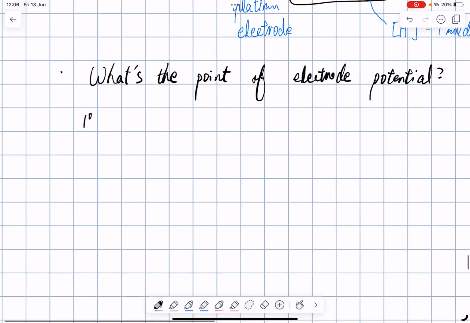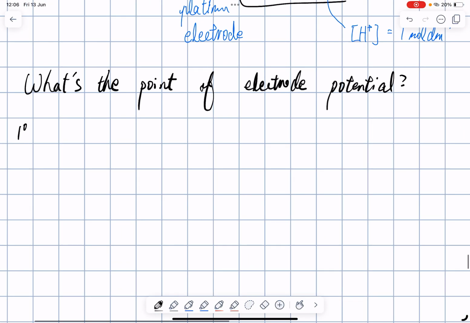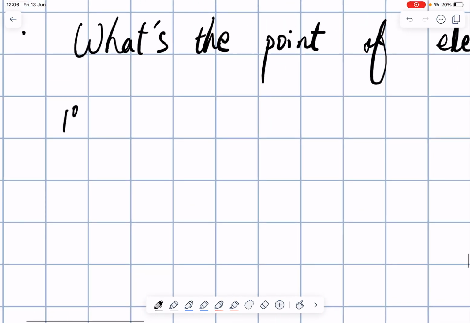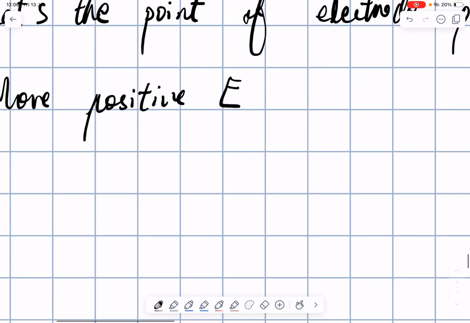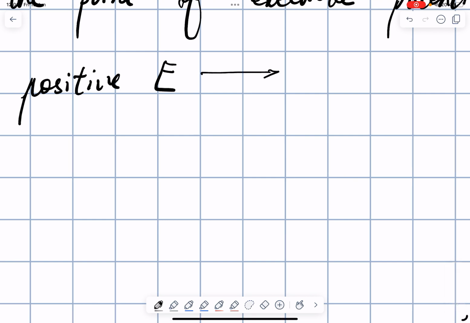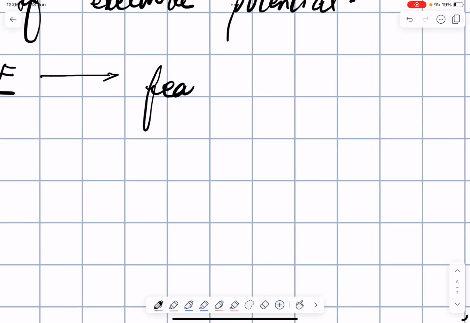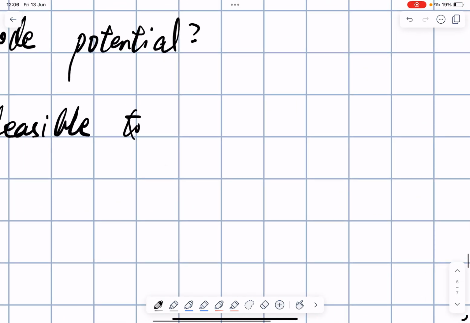As we are naming this a potential, it shows some tendency of reaction. So if we get a more positive E, a more positive electrode potential value, it is more feasible for the forward reaction.